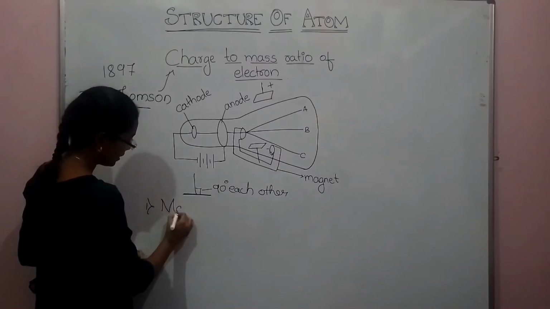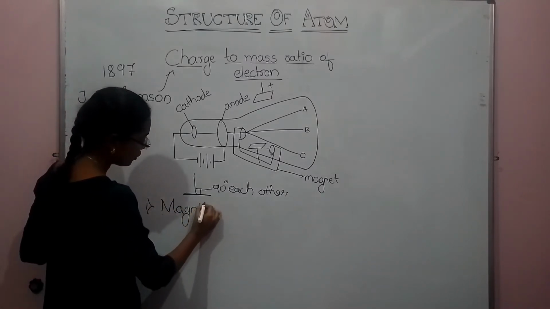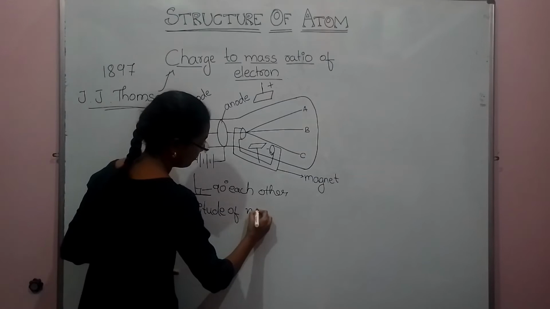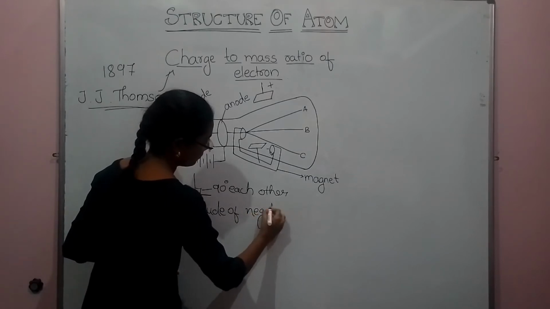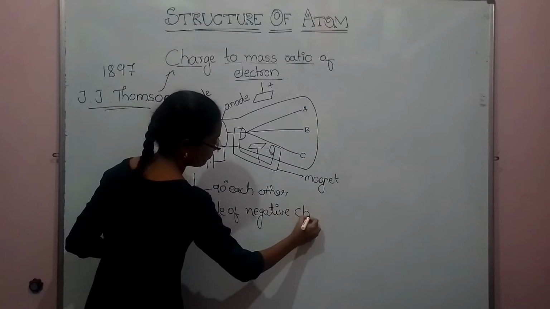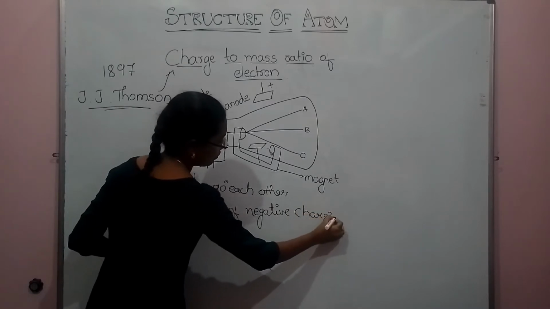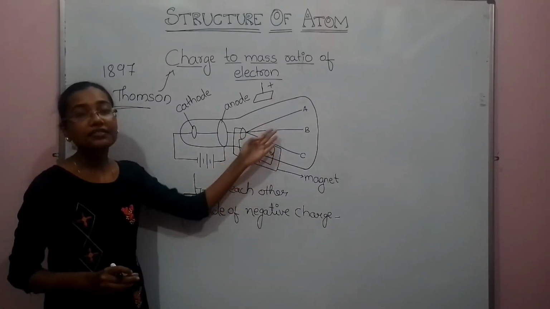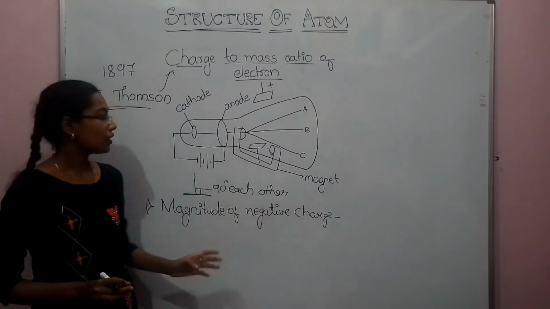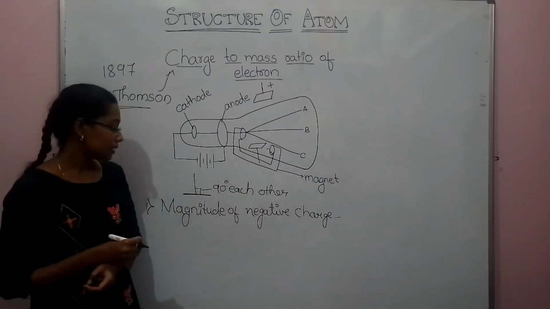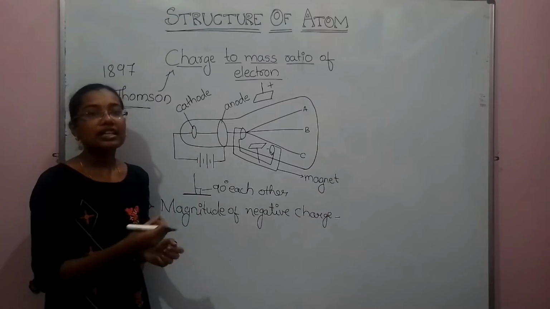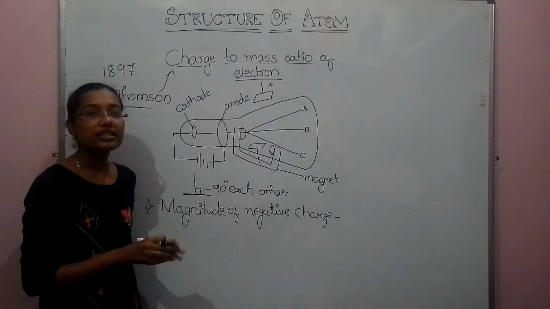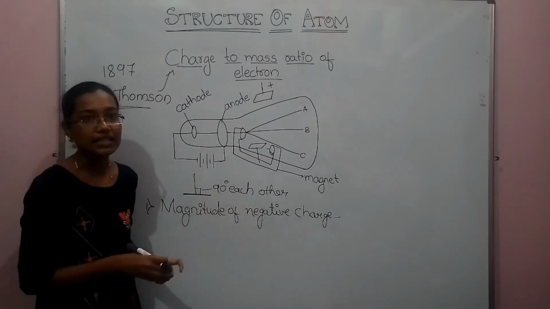How does the magnitude of negative charge affect the deviation of these electrons? The greater the magnitude of the negative charge, the greater the interaction between the electrons, which increases the deflection. This is what he says.